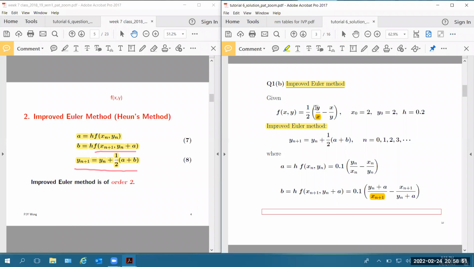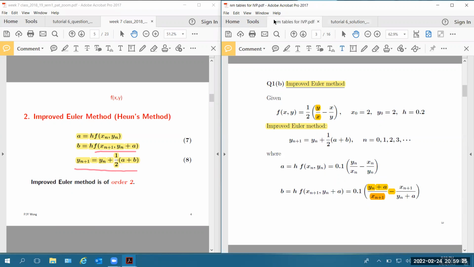And then our y is actually substituted by what? yn plus A. All right, because this one is yn plus A. Everyone can see that or not? So that's how we get to these expressions. And of course, these expressions are important because when you do calculation, when you want to calculate A, really follow this one. When you calculate B, really follow this one. Okay. So now let's go to our tabulation.